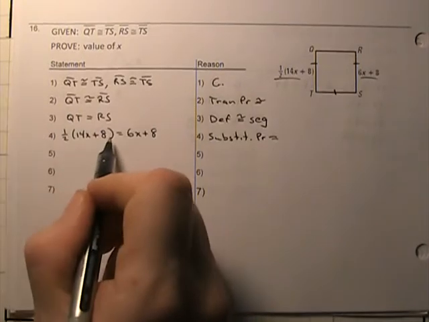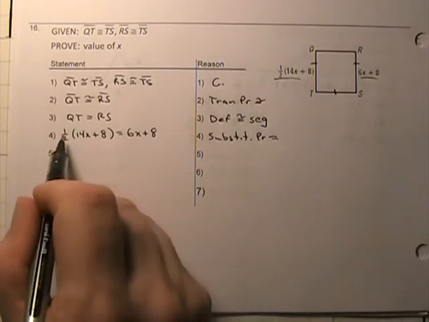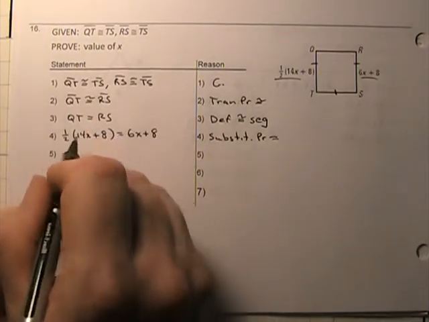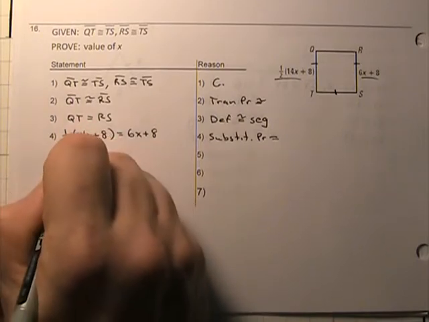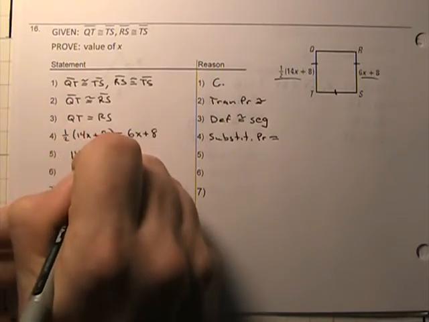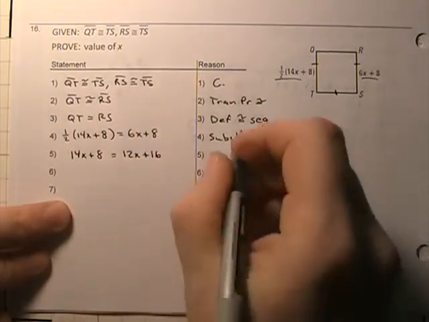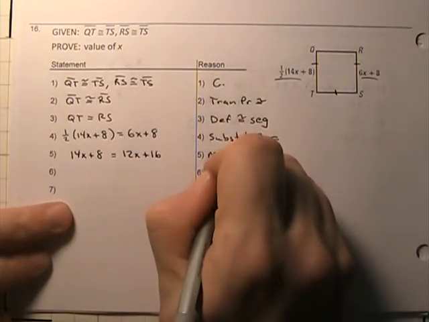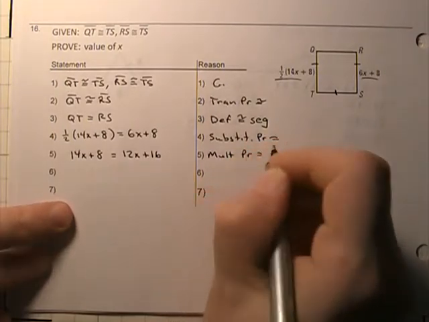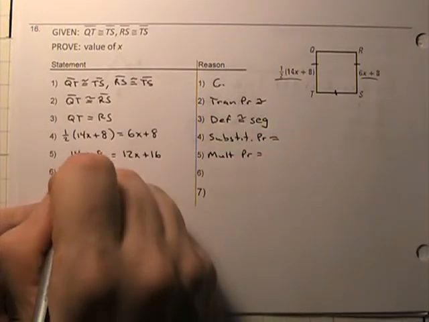Okay, we could either distribute this out or multiply and get rid of the fraction. I'm going to go ahead and multiply both sides by 2. So this gives me 14x plus 8 equals 12x plus 16. And that's the multiplication property. Subtract 12x.